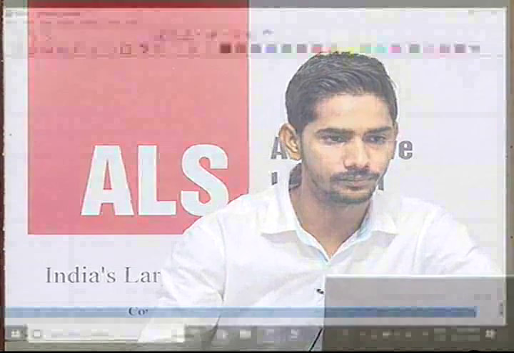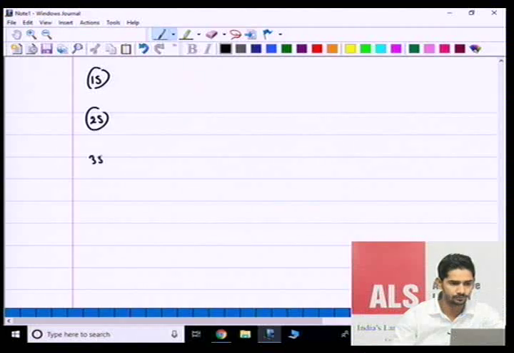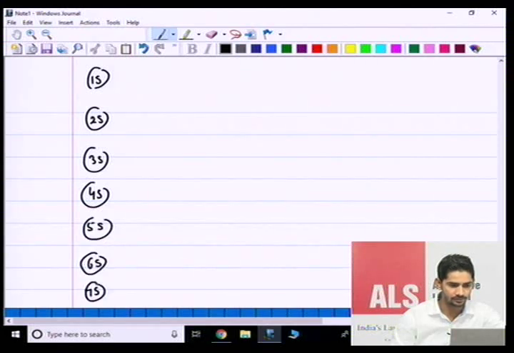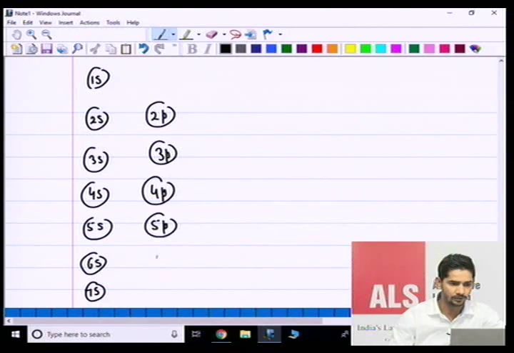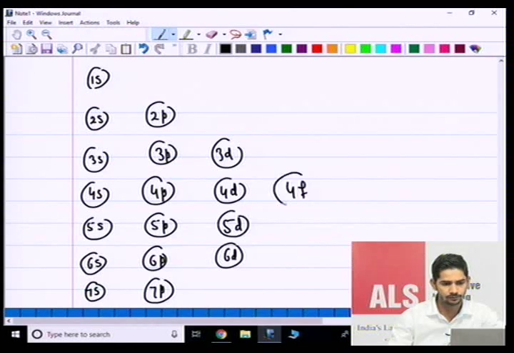Just look at this. 1s, 2s, 3s, 4s, 5s, 6s, and then 7s. 2p, 3p, 4p, 5p, 6p, and then 7p. 3d, 4d, 5d, 6d. 4f, 5f.